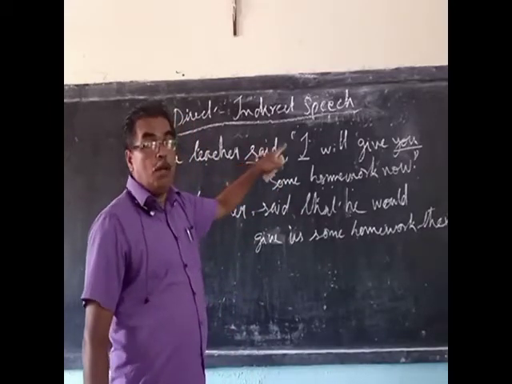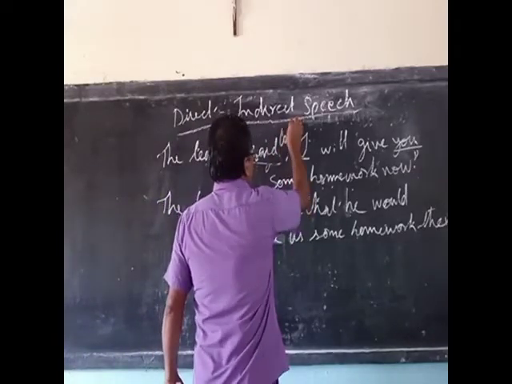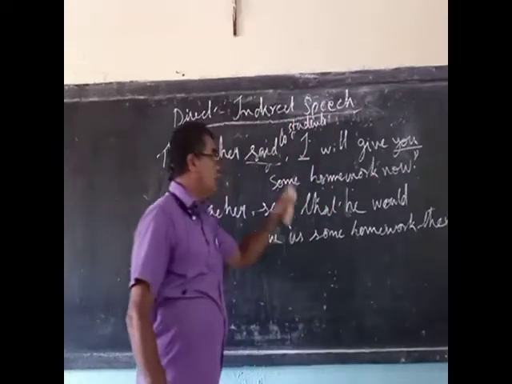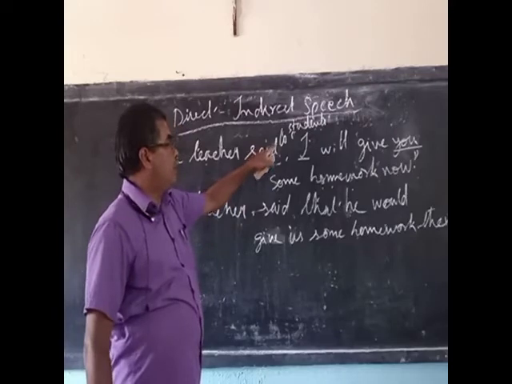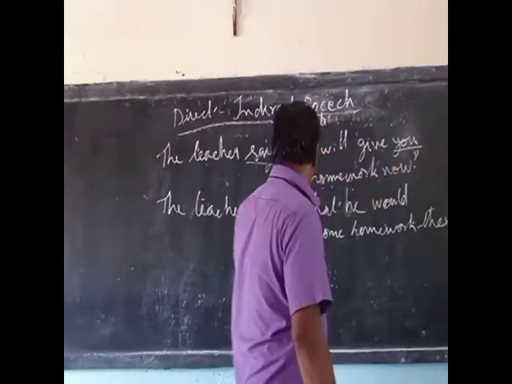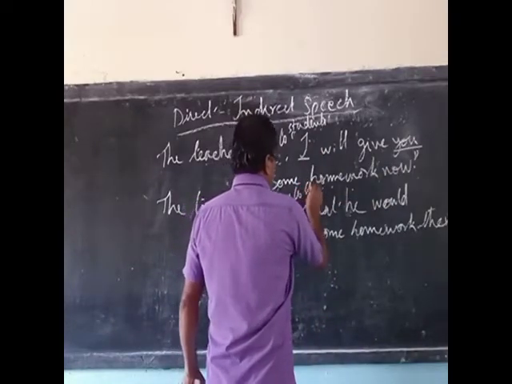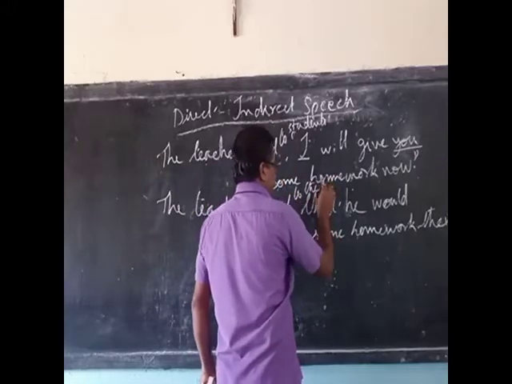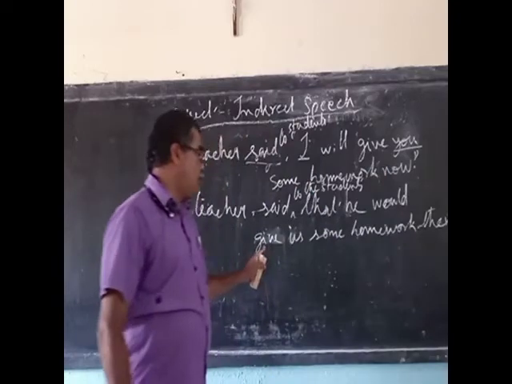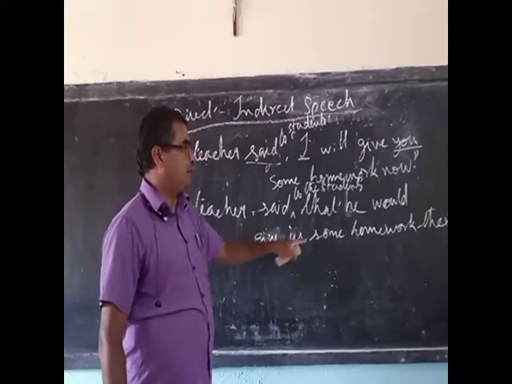Now here no object is given. Now to students. Suppose I give an object, then you will change to this object. So here it will be said to the students that he would give us some homework.